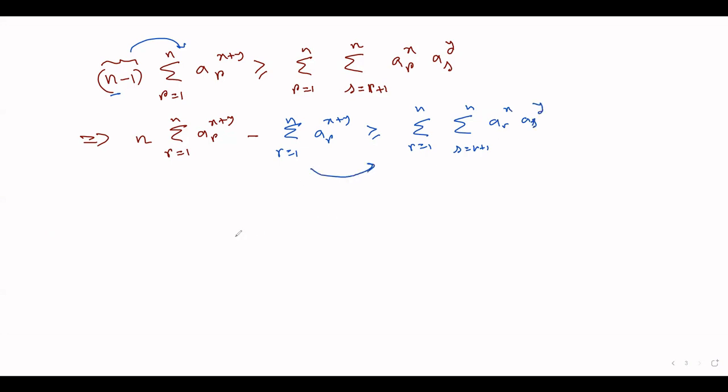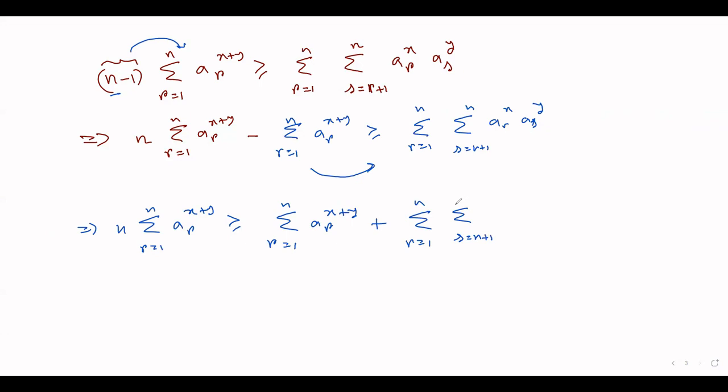Now I'm going to transfer this term to the right hand side to get n times the sum r equals to 1 to n of ar to the power x plus y is greater or equal to the sum r equals to 1 up to n of ar to the power x plus y plus the sum r equals to 1 up to n, s equals to r plus 1 to n, ar to the power x, as to the power y.